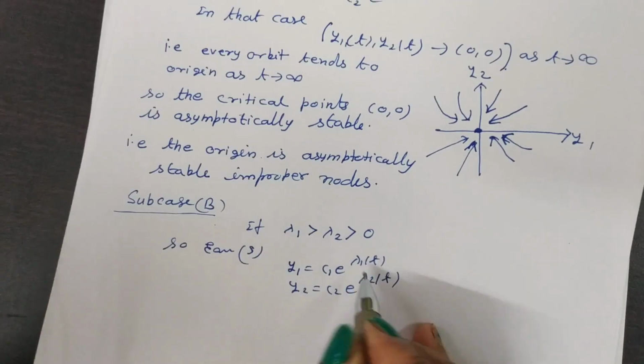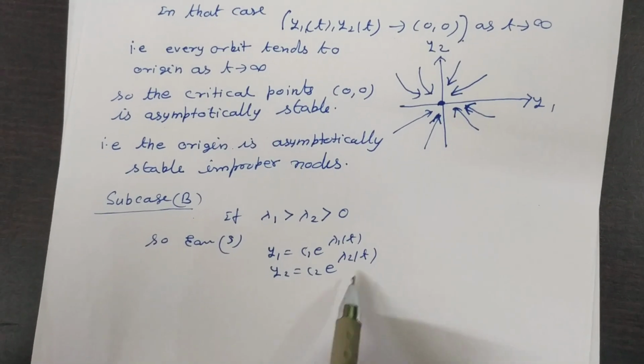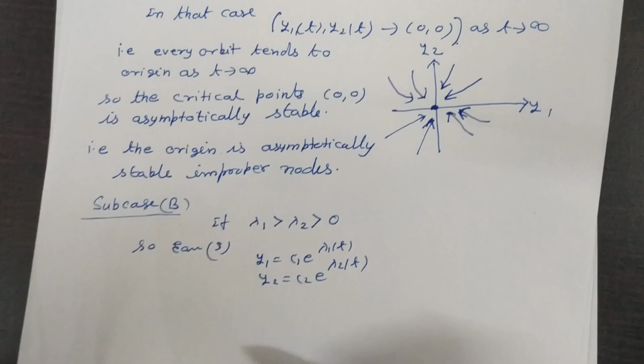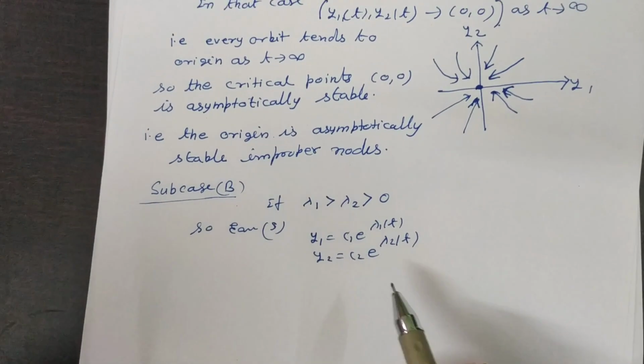From this equation it is clear, as t tends to infinity, this becomes infinity, that is y1 and y2 both tend to infinity, that is, they go away from the origin.